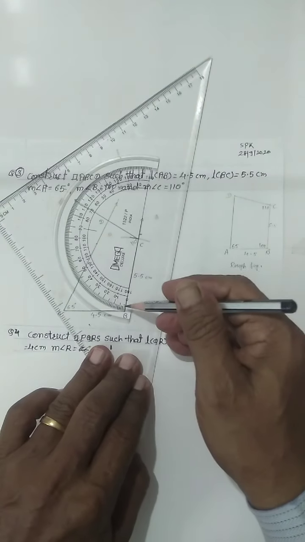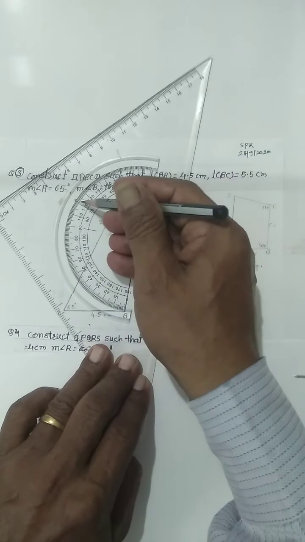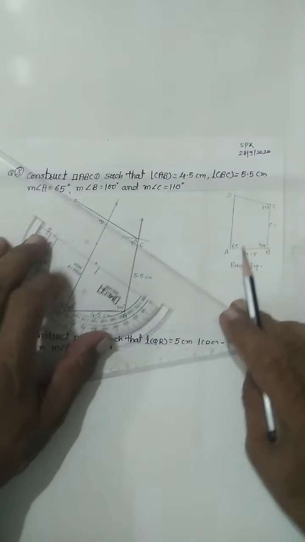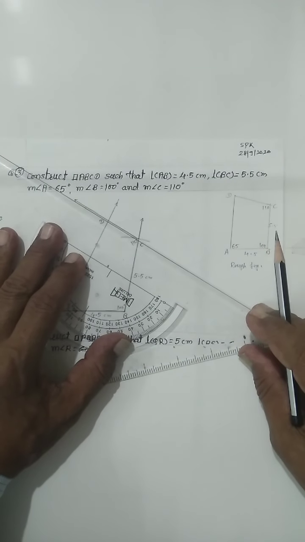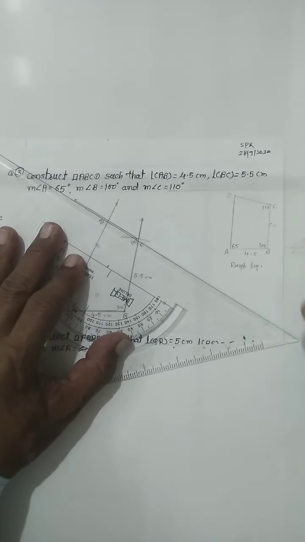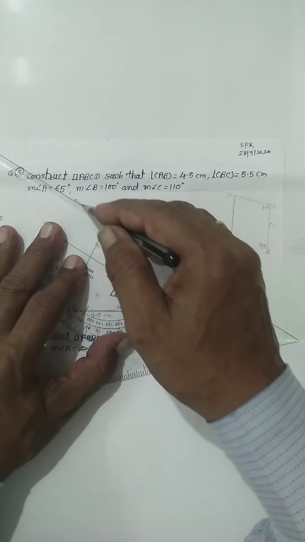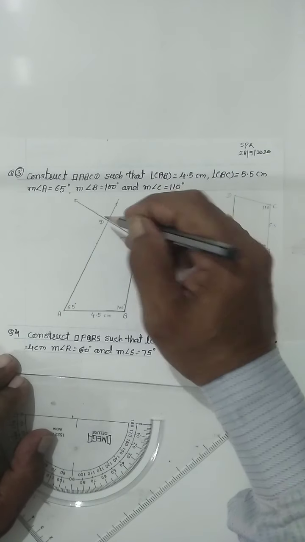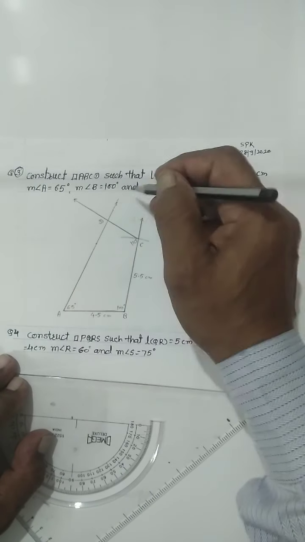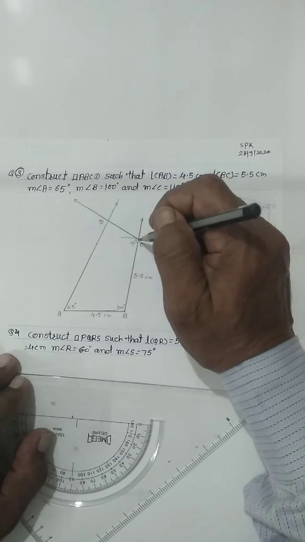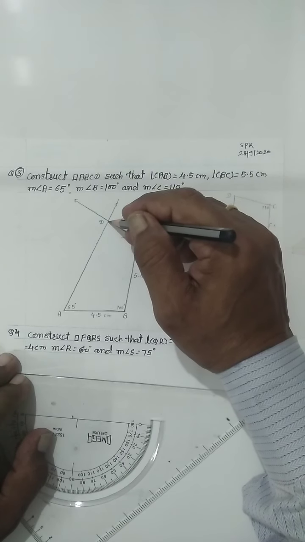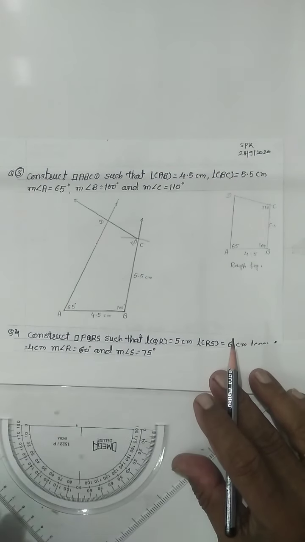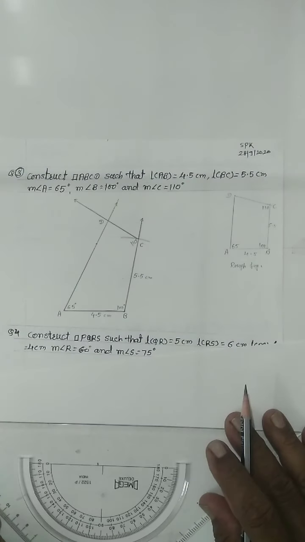Take this outer side reading 110, put a point here and draw the ray which starts from this point C. Now this ray intersects the ray which starts from point A, that is ray AD, and ray CD intersect in point D. In this way we complete the construction of quadrilateral ABCD.